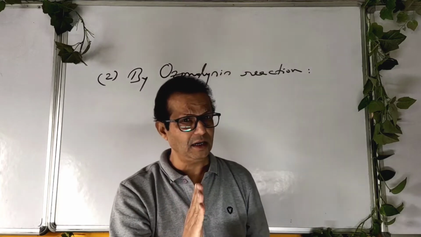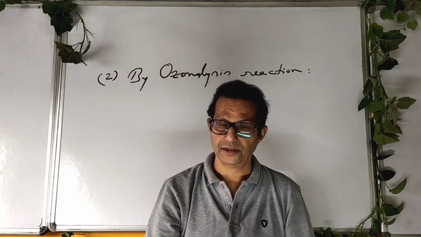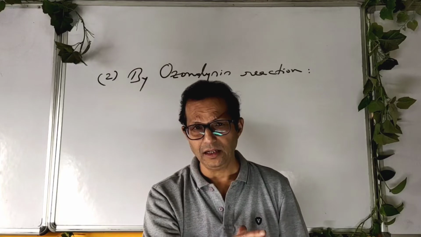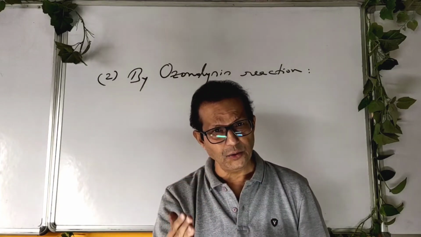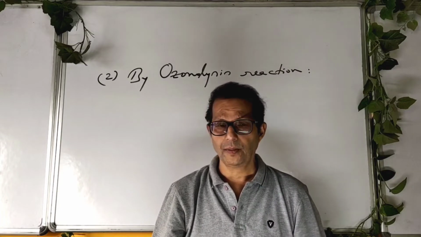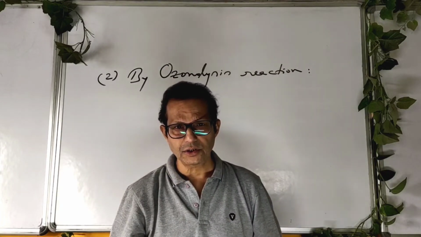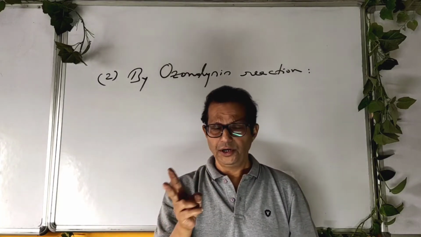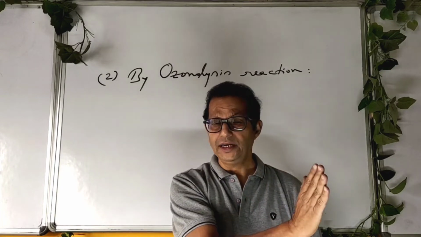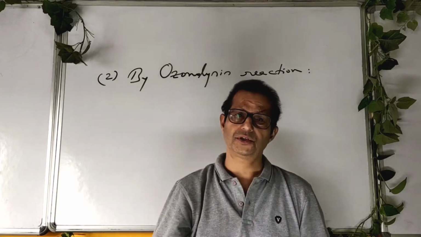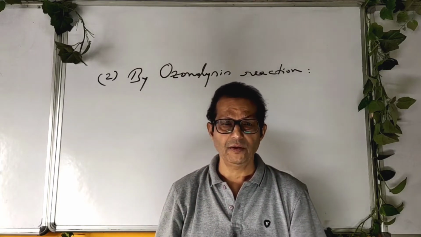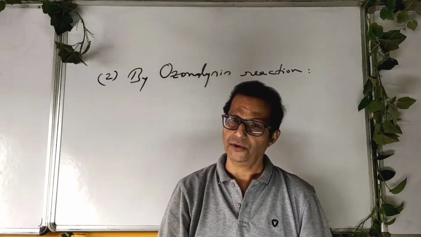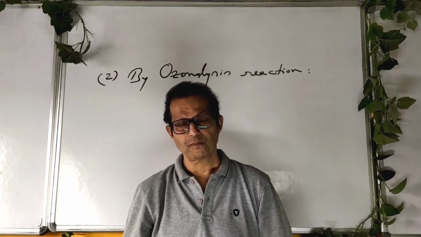Zinc being a metal acts as a reducing agent, and you get aldehydes or ketones or both, depending on the nature of the alkenes used. You can use alkynes also during ozonolysis reaction.